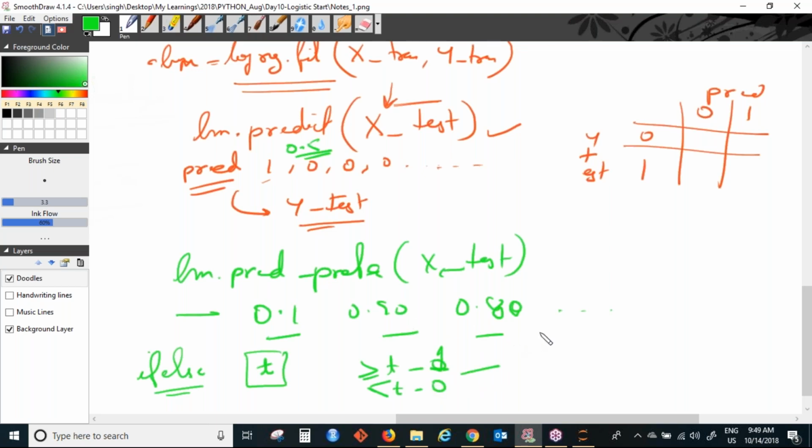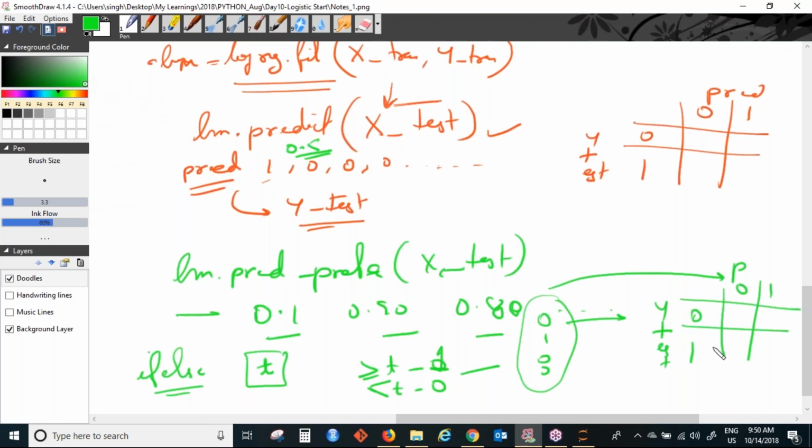Once these are converted to ones and zeros, you will compare them once again with the actual y test 0 and 1, prepare the confusion matrix and compute all the parameters.